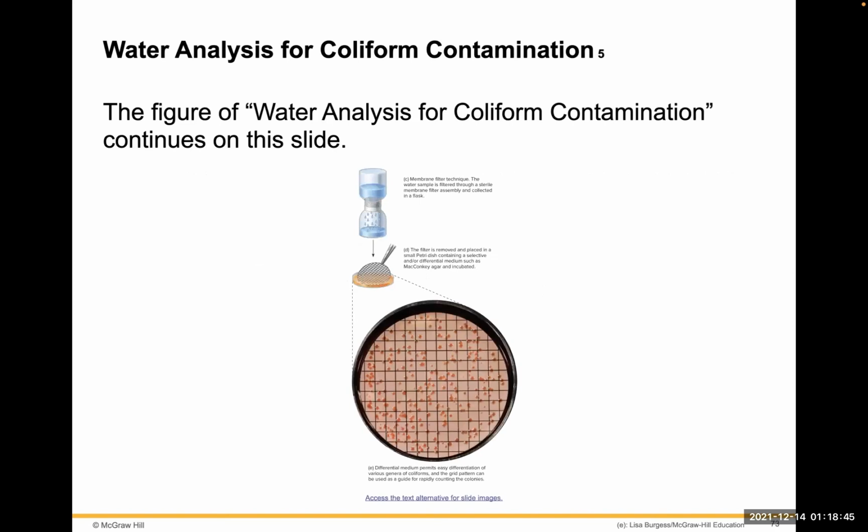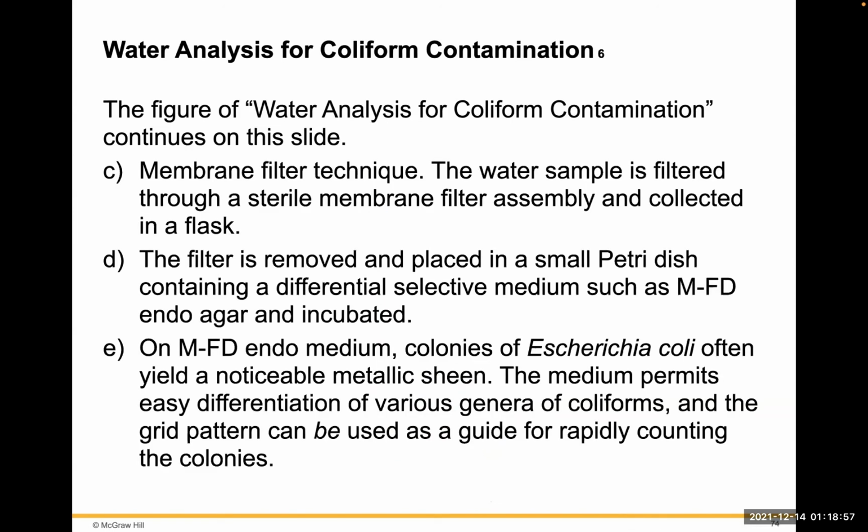Another way to determine coliform contamination is a water analysis through filtration. Okay, so in the membrane filter technique, the water sample is filtered through a sterile membrane filter assembly and collected in a flask. The filter is then removed and placed in a small petri dish containing different selective media.